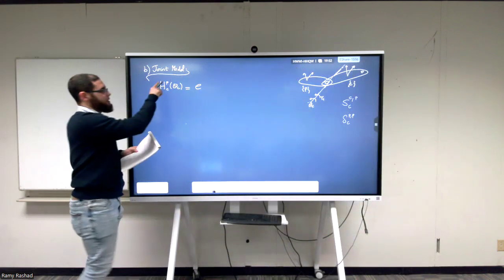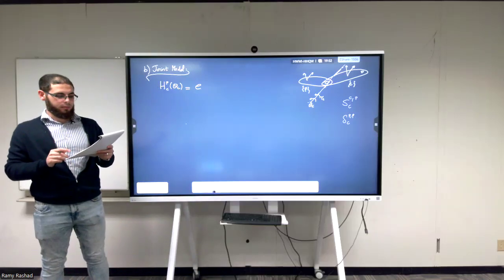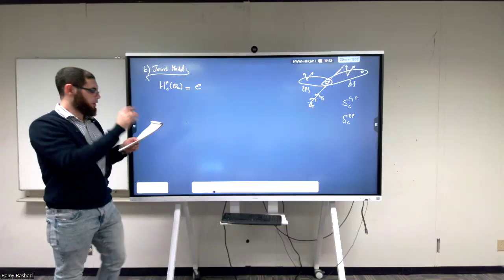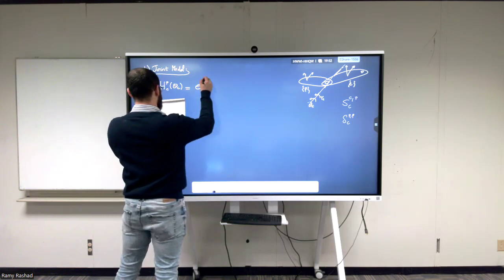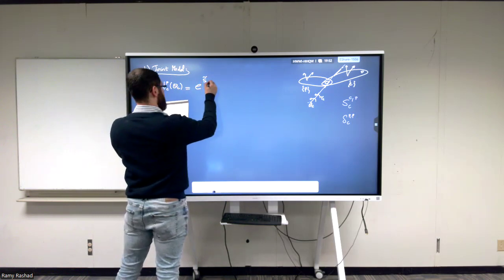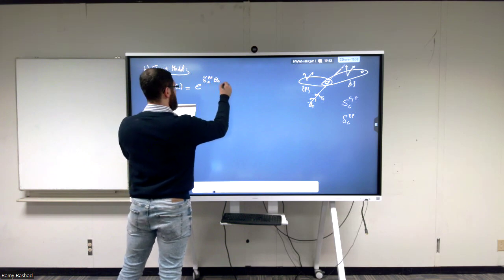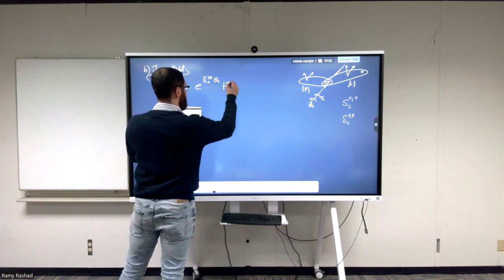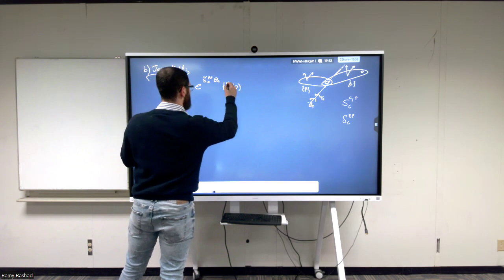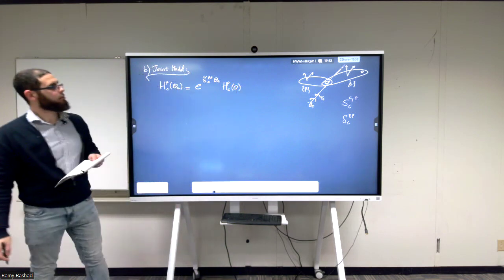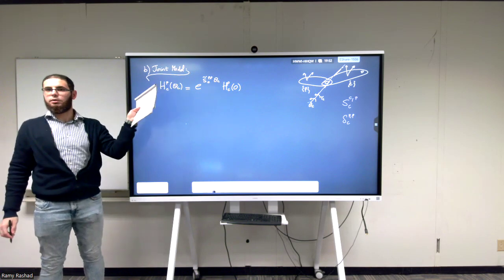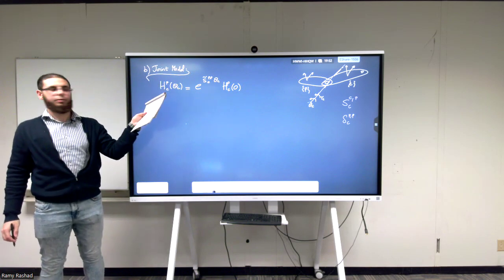I can calculate this relative pose using either one. I can use the one that we introduced in the lecture before, which was the exponential of S_CP multiplied by theta_C, and then I have here H_C with respect to P in the zero frame. Is this familiar? Right? So this is the exponential map.